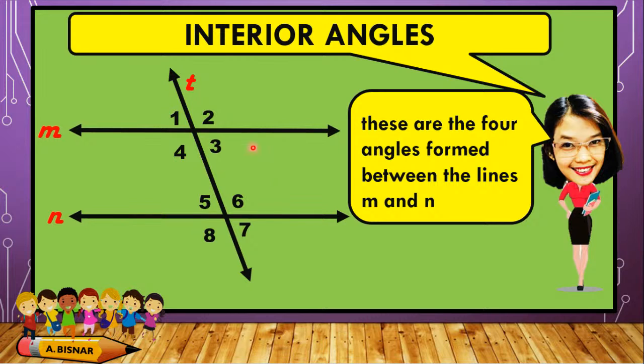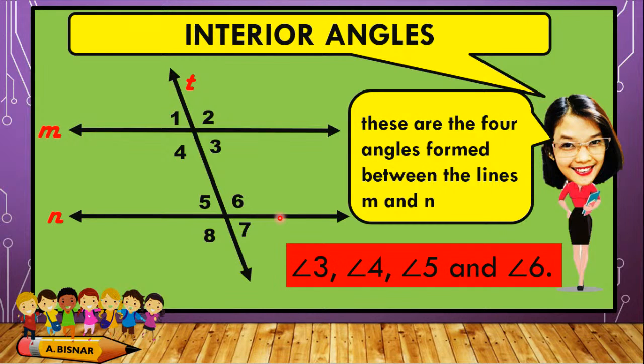So we have angle 3, 4, 5, and 6. So your answers are all correct. Angle 3, angle 4, angle 5, and angle 6. Remember, these are called interior angles.